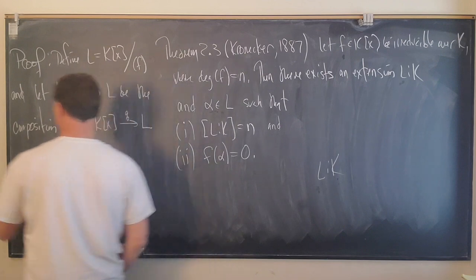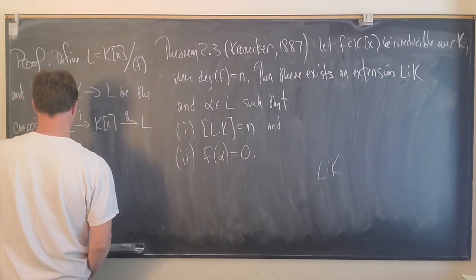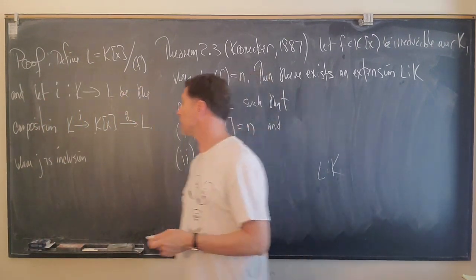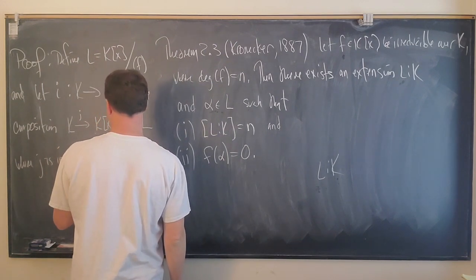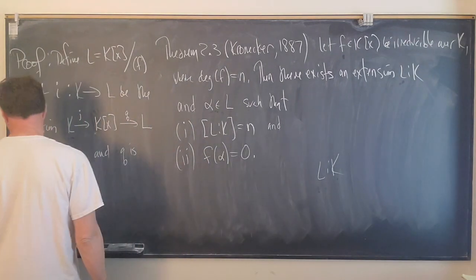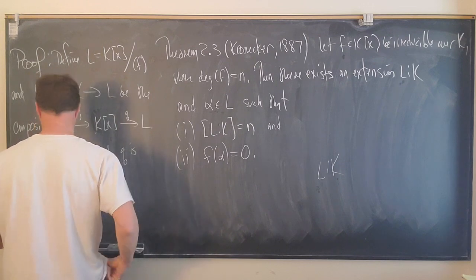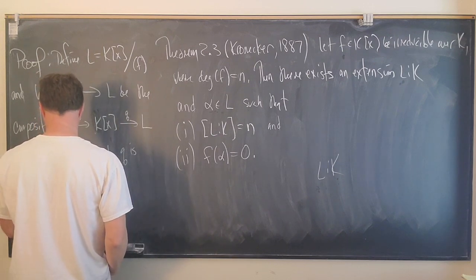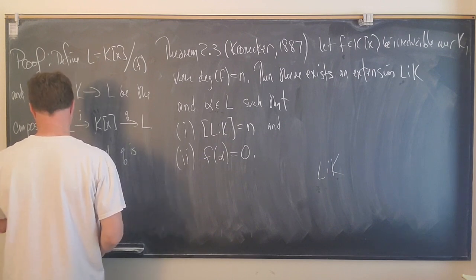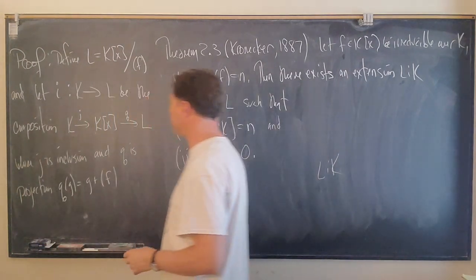Where J is inclusion. We can think of K as sitting inside K[x] as the constant polynomials, and Q is projection. Often we refer to this as natural projection. So it takes a polynomial, let's say little g, so Q of g equals g plus the ideal generated by f.